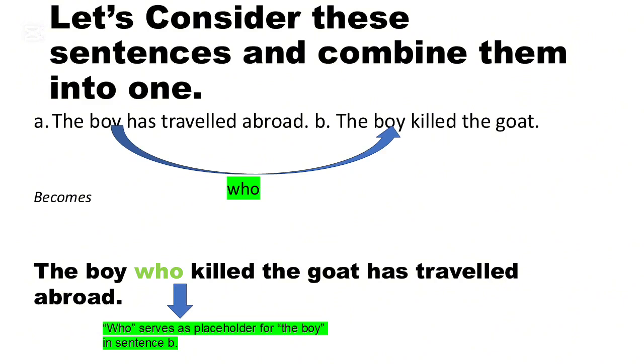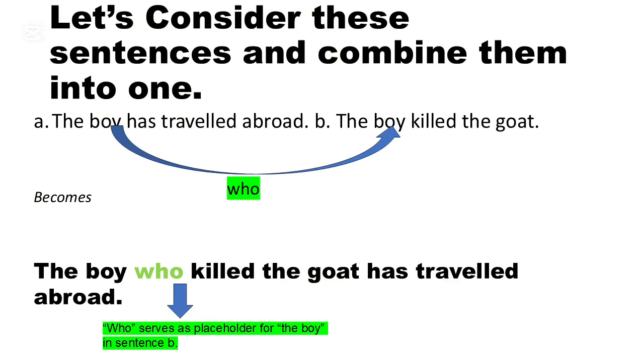So to connect the two sentences together, we will have to look for the right pronoun that can do that job. And guess what? We have to select from a relative pronoun group. This means that aside from relative pronouns, the rest of the pronouns cannot serve as a placeholder.